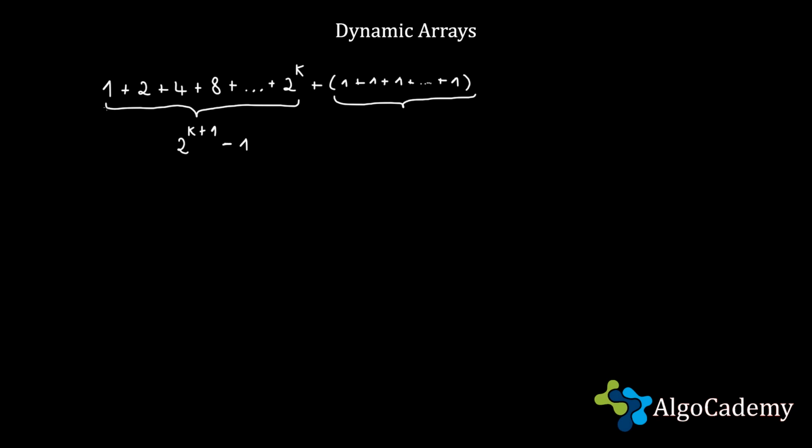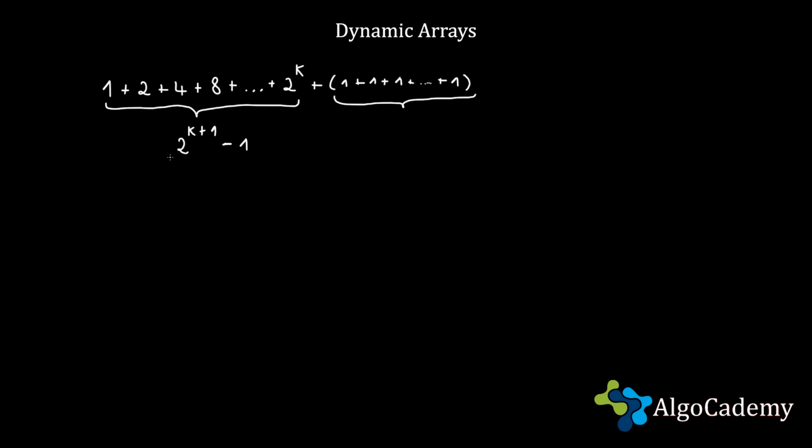All you need to do is add another 1 here, and if we do that, what's going to happen? 1 plus 1 equals 2. 2 plus 2 equals 4. 4 plus 4 equals 8. 8, and so on and so forth until on the last one, we're going to have 2 to the power of k plus 1. And of course, because we have added an extra 1 which wasn't there, we are going to subtract it in the end. So this is a fun way of getting the formula for this sum. So this sum is equal to this.